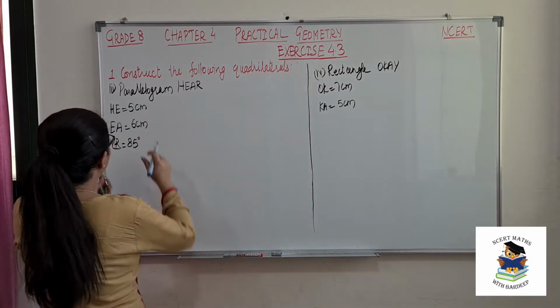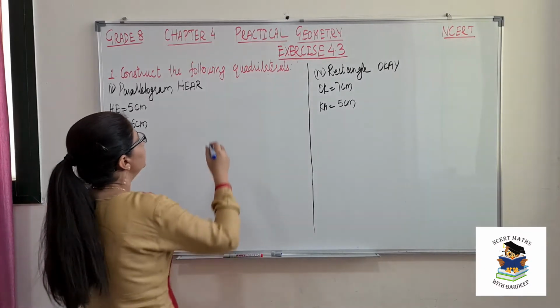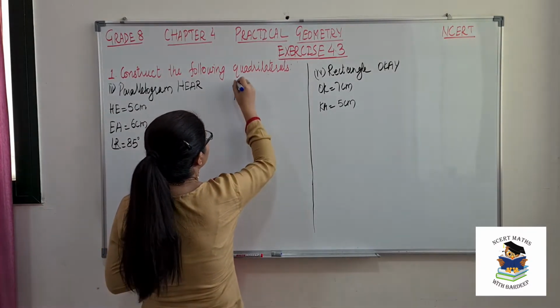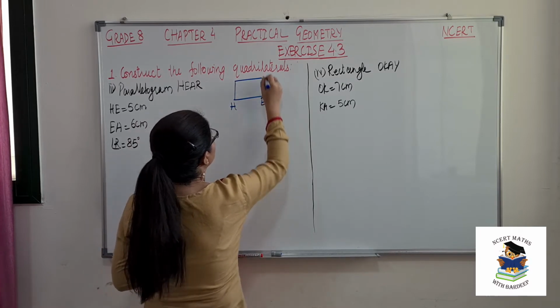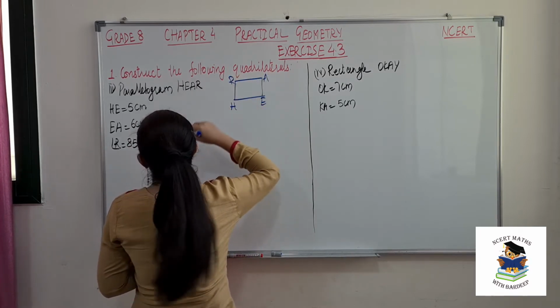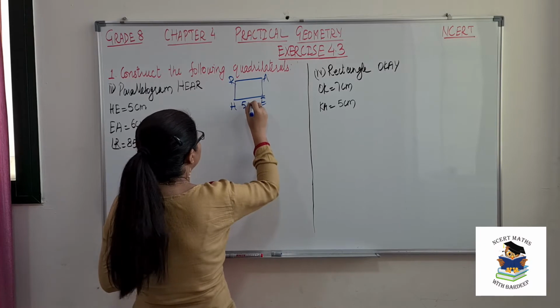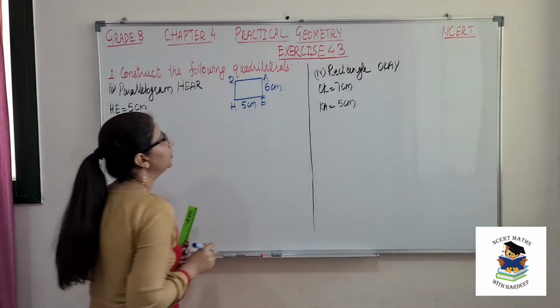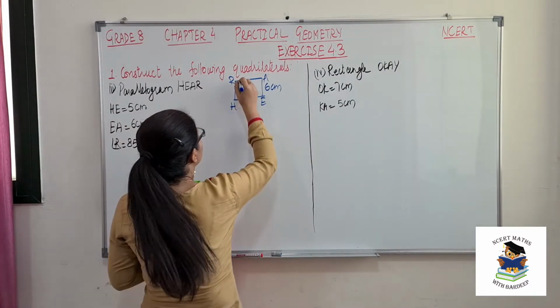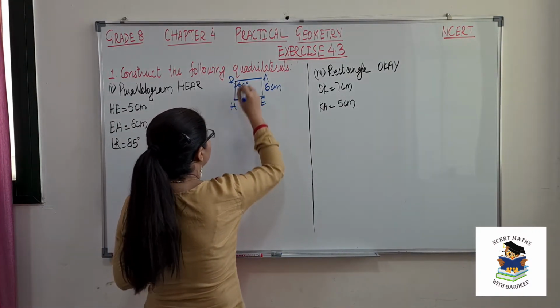Parallelogram HEAR, and these are the details. So let's make first a rough diagram, that is HEAR. HE is 5 centimeter, EA is 6 centimeter. Okay, and one angle is also given, that is 85 degree.